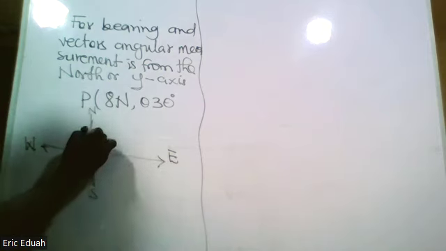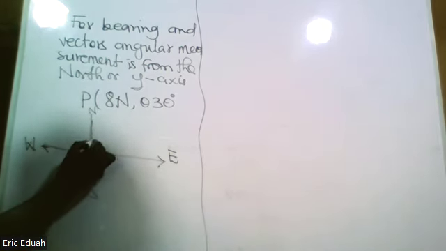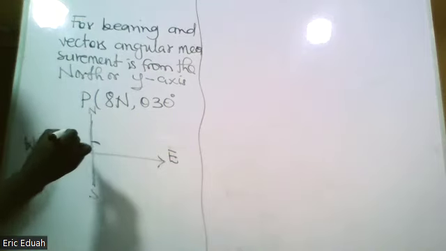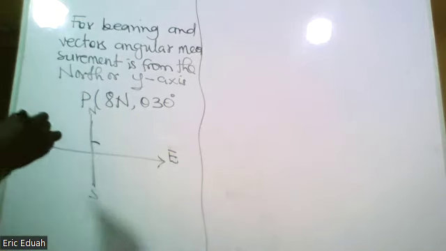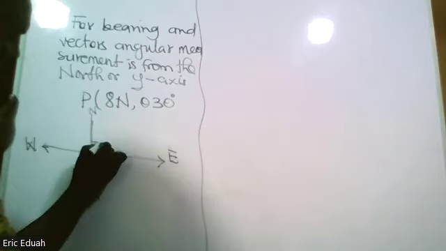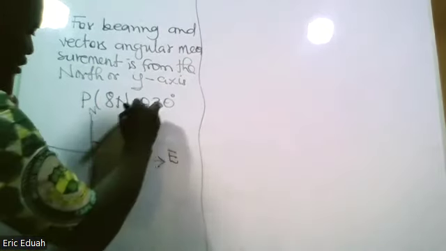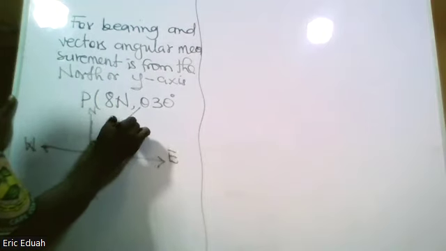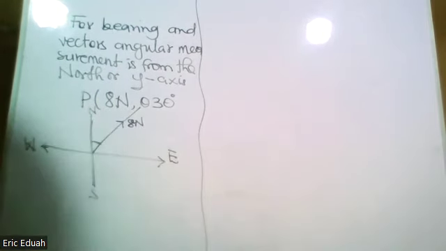Then 30 degrees from the north, meaning I must take my angular measurement from the north, an angle of 30 degrees. This is where the force 8 Newton will be directed.